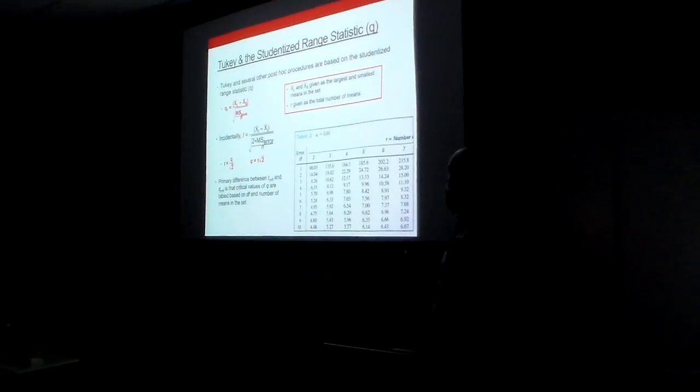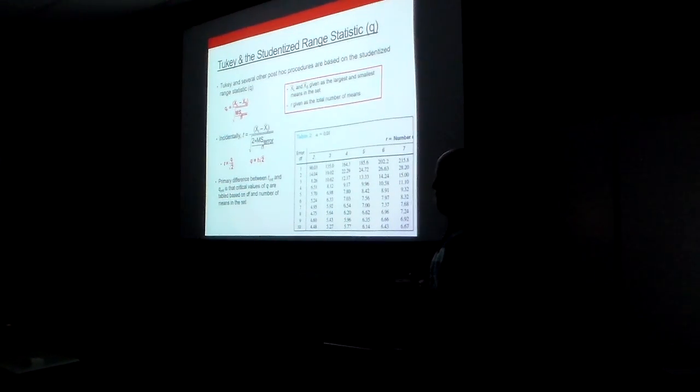Okay. So, the primary difference between our T criticals and our Q criticals is that our Q critical is going to be based on the number of means in our set, right? So Layla, if you're looking at your Q table here, for 20 degrees of freedom, what happens to our Q critical value as the number of means that we're looking at starts to increase?